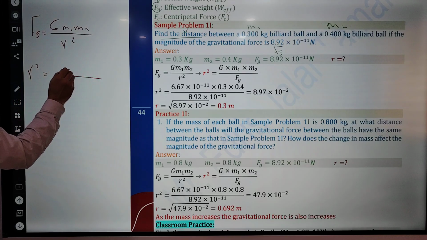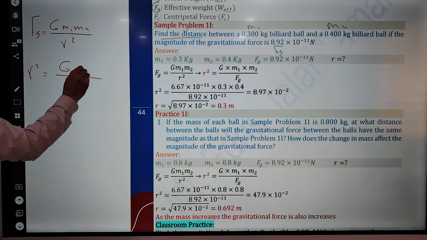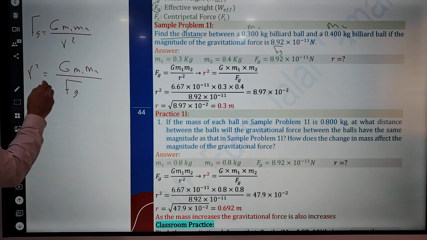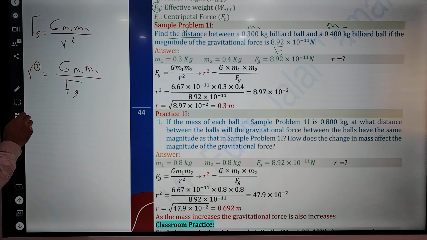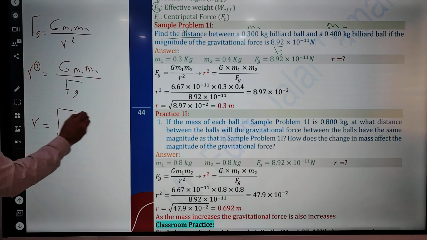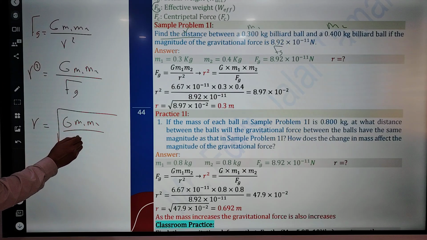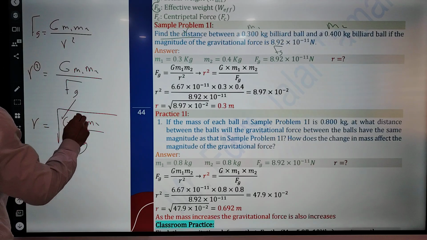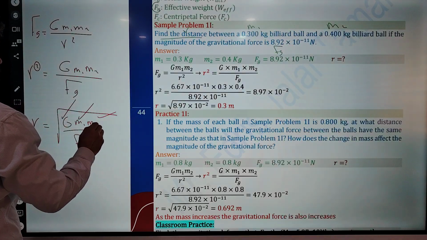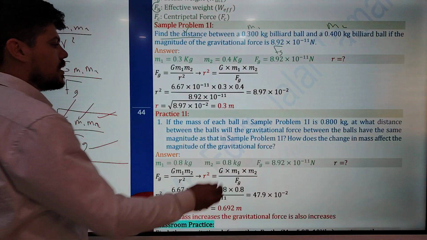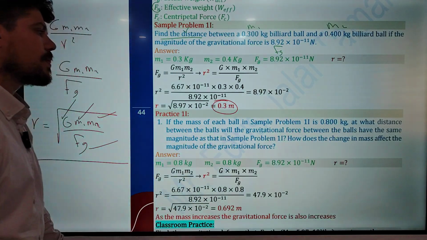Rearrange the equation: R square is equal to G M1 M2 over Fg. Take the square root of both sides: R is equal to the square root of G M1 M2 over Fg. G is constant, mass 1 and mass 2 are given, and Fg is also given. You can calculate by calculator, and R is equal to 0.3.